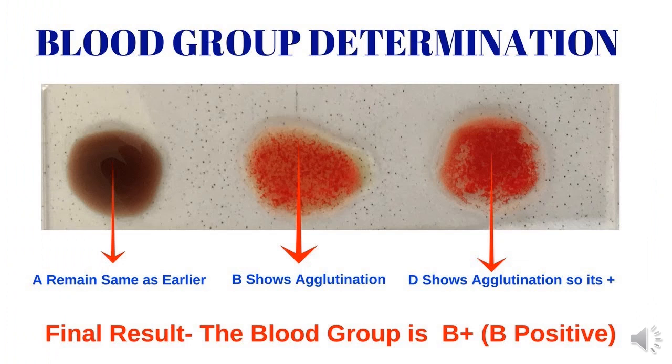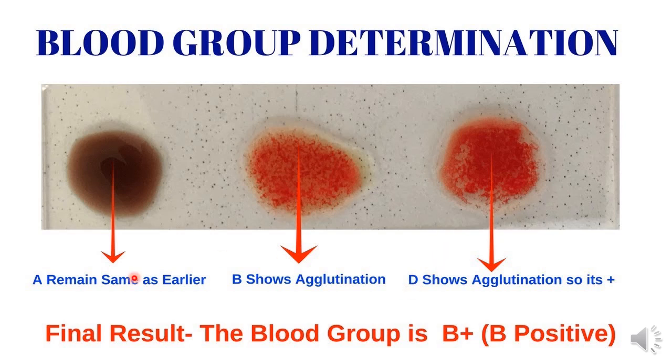Let's take this example. Here we have a blood group. Here we dropped anti-A, anti-B, and anti-D. When we say anti-D, it means for the RH factor.